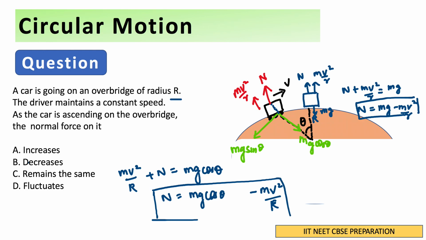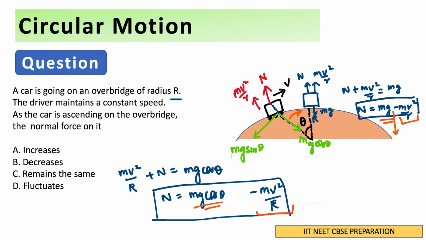Now, if you compare both the equations, isn't it very clear that this term is the same? mv square by r remains the same, so we don't have to bother about it. What is changing is mg. Here we had mg cos theta, and here we have mg. That means here cos theta has become cos 0, because when theta is moving from here to here, theta has become 0.